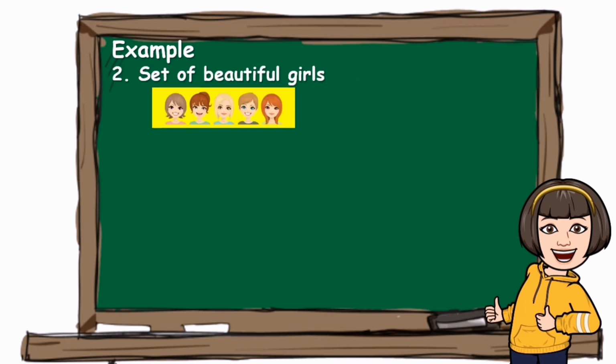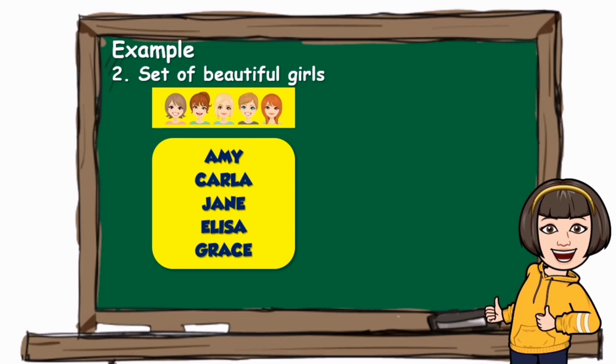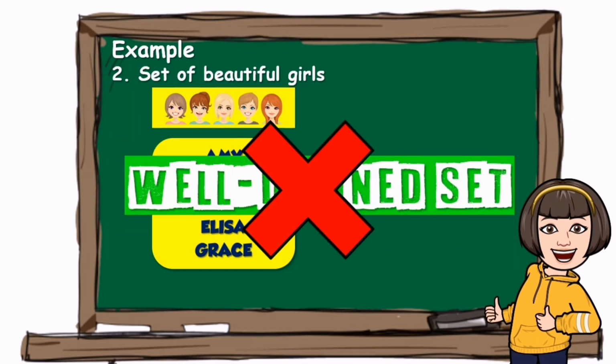Let's proceed to example number 2, the set of beautiful girls. Although we can provide the names of beautiful girls, our answers vary from one person to another. Therefore, the set of beautiful girls is not a well-defined set.